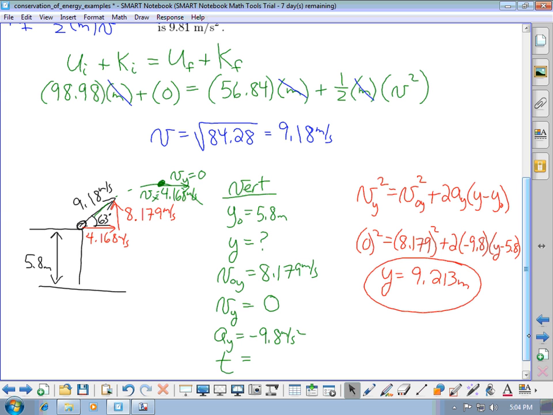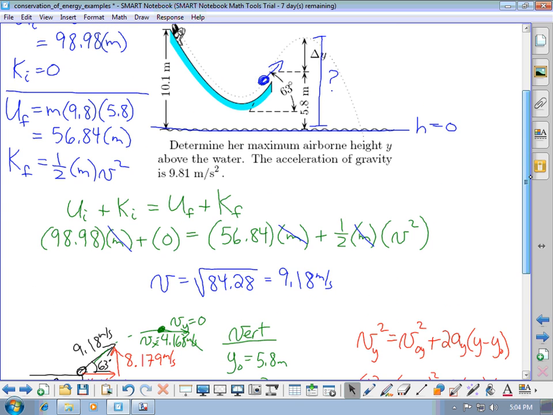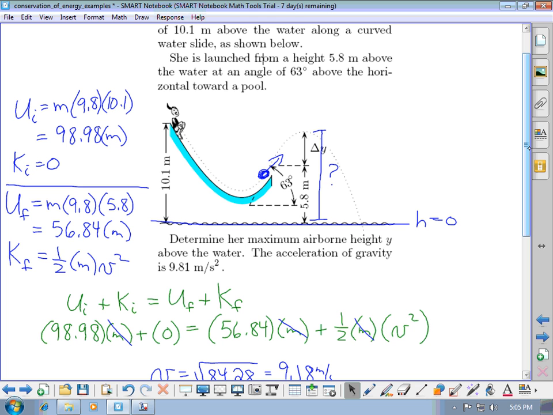So anytime you see something where you have someone sliding down a curved surface, so it's not something that's just an inclined plane, the first thought that you should have is to think about conservation of energy. And then, because we have something being shot with a certain velocity and we're looking for a height, the next thought that you should have is to use kinematics and the idea of projectile motion.